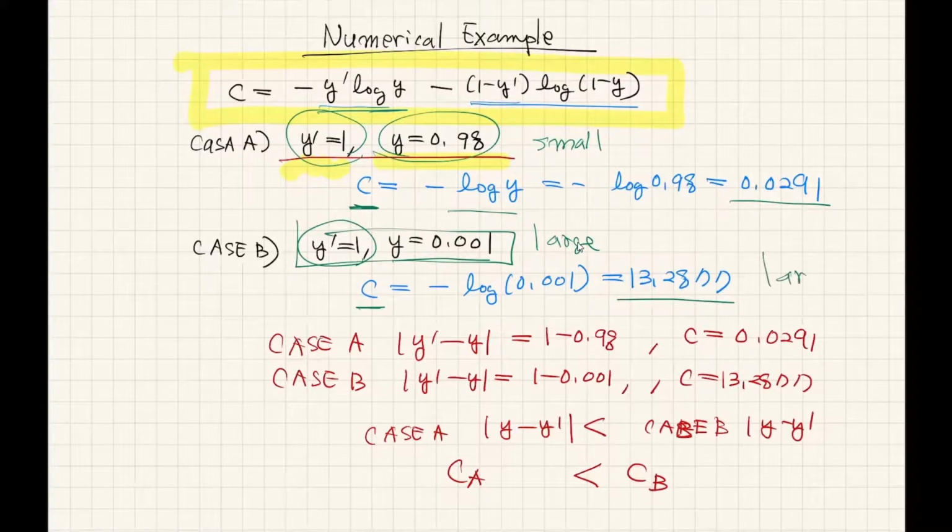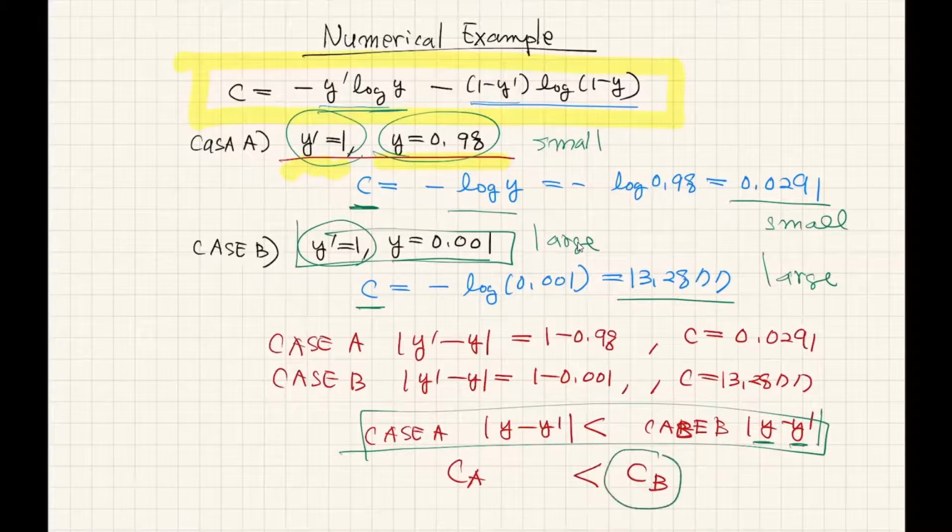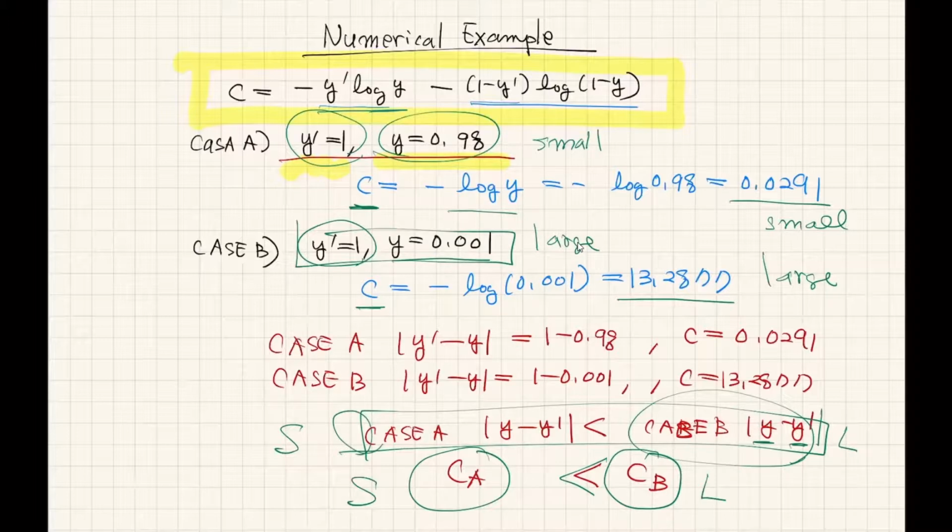It is large, the other is small. The first meaning is that if there is a large difference between output and our target value, the cross entropy output is also proportional. If this is large, this is large. If this is becoming small, this is small. So the cost function is consistent with the difference of the output.